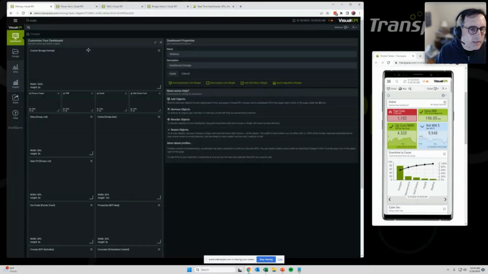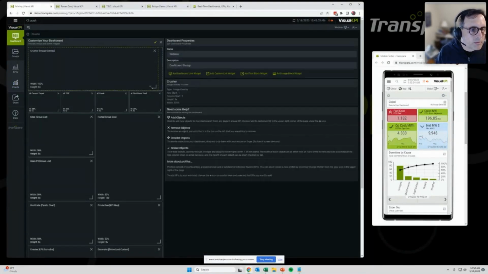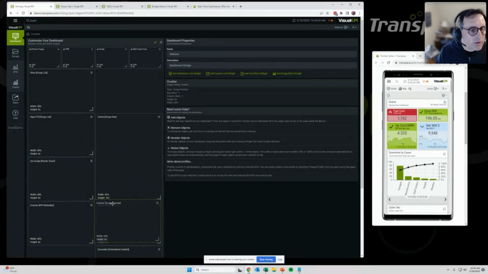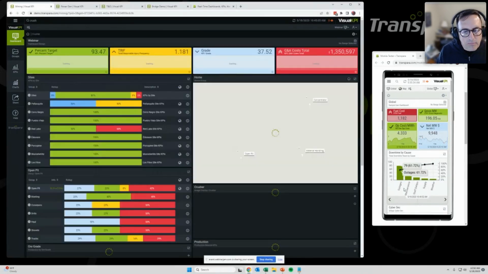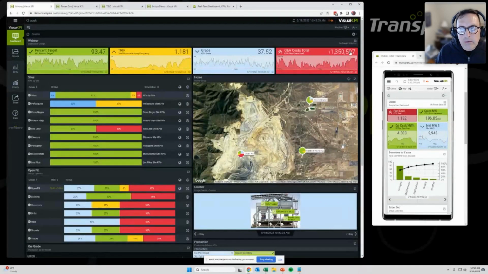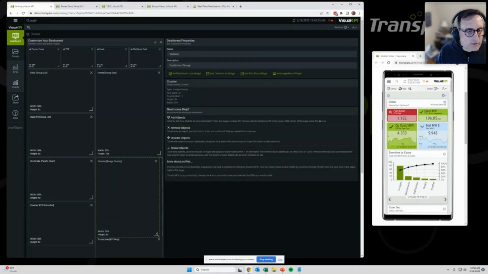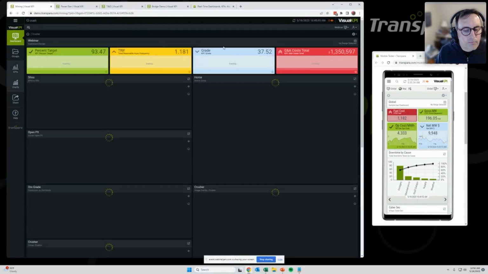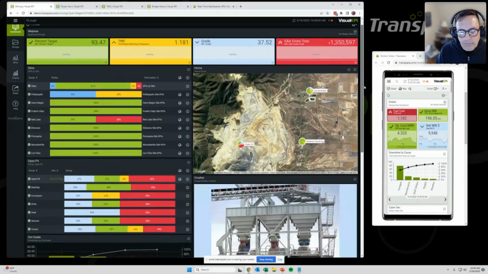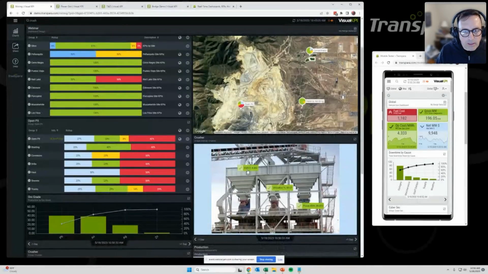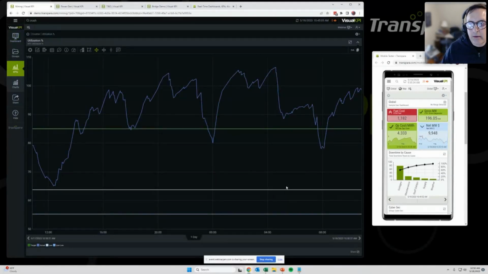Again, now you can take any image that you want, apply and position KPIs right over it, and put it in any particular place that you feel is useful. And now I've got my crusher image there, and that would probably be better at a little taller size. And there you go with my live KPIs on it, and I can go right into those and get a trend of that information.